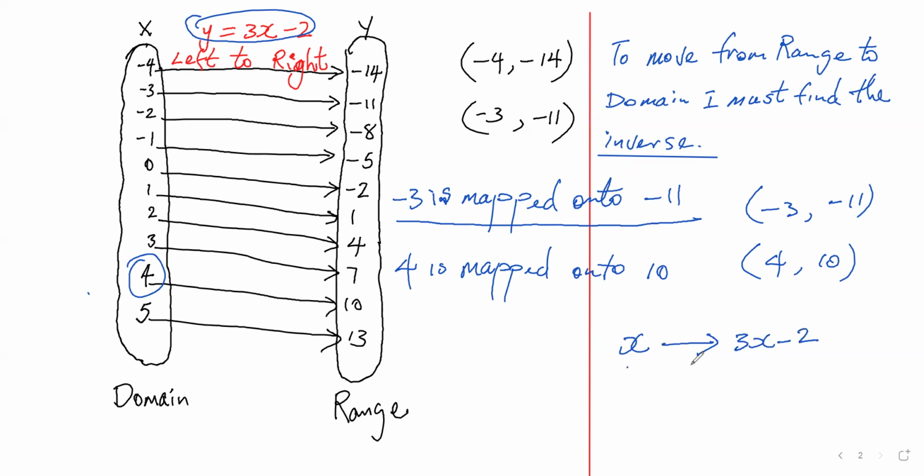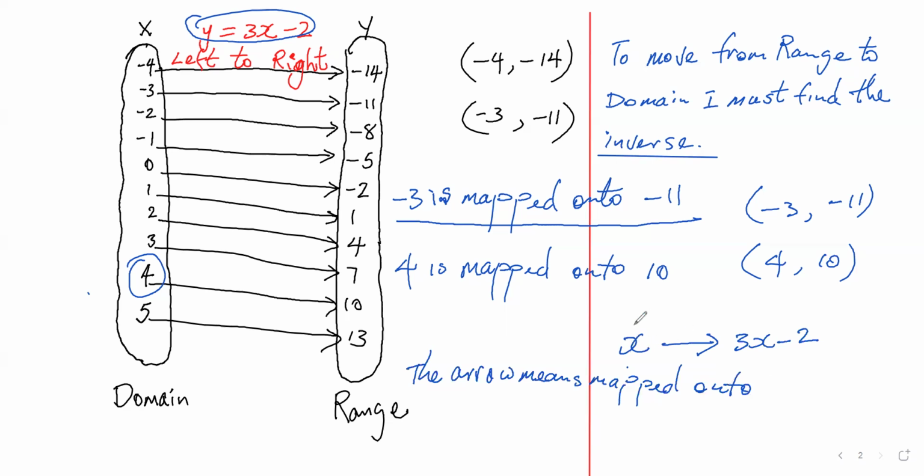So x is mapped onto 3x minus 2. All right, so the arrow means mapped onto. So just write that. The arrow means mapped onto.